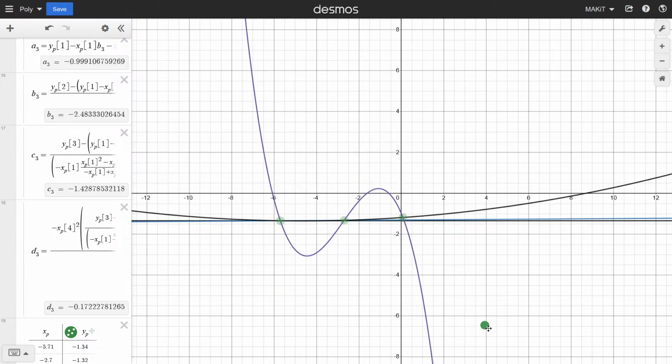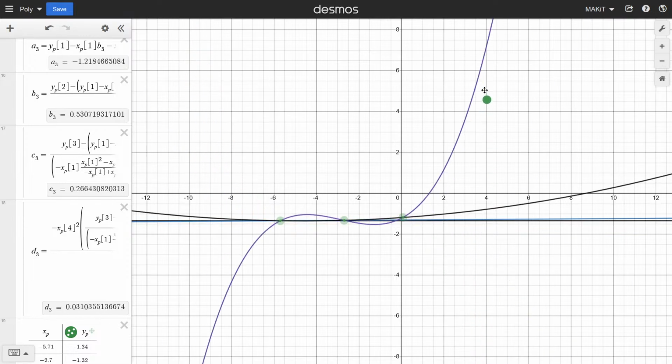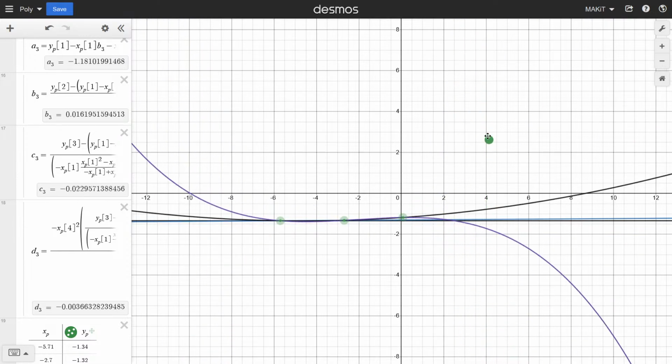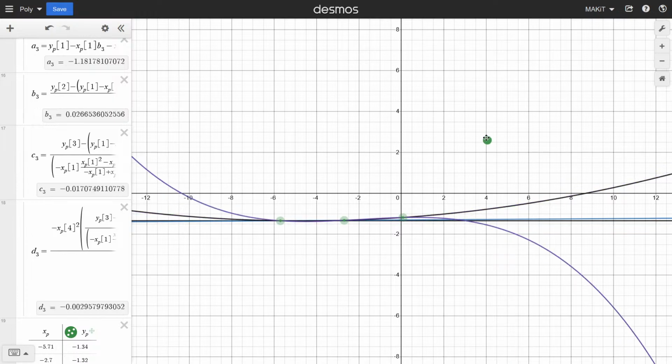What's the issue here exactly? If we move up, it flattens, it flips around this point right here.